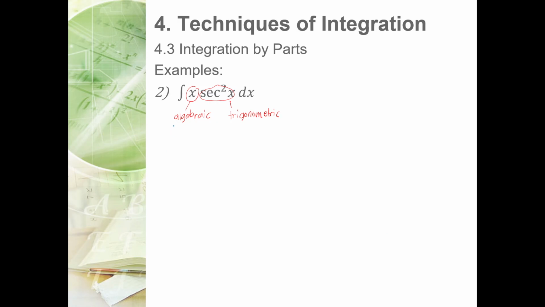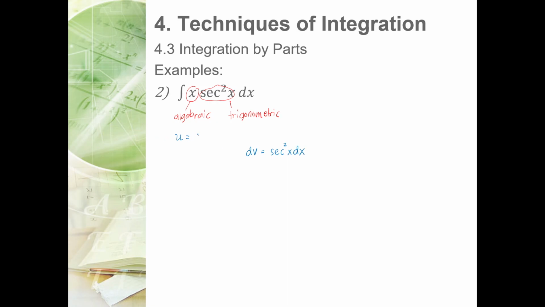So again, the steps would be you have to determine u and then you have to determine dv. So dv should be the most complicated term along with dx. So since trigonometric is much more complicated compared with algebraic, we try to write it as secant squared x dx.